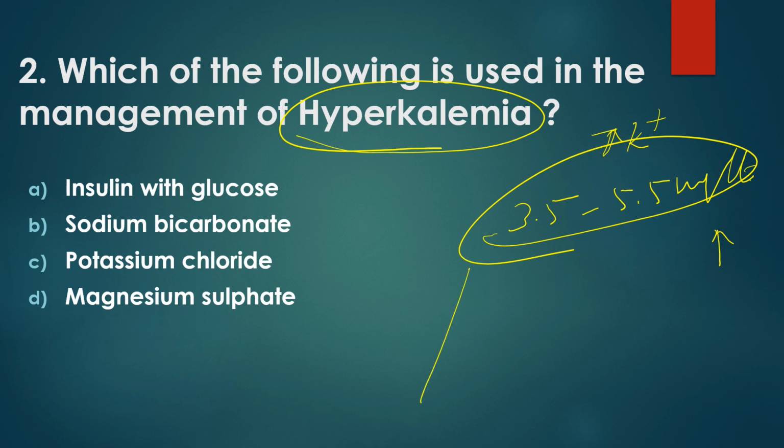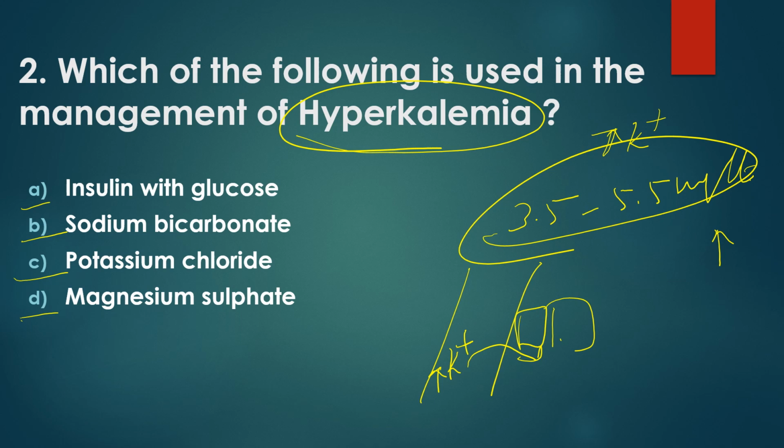So what happens actually? In the intravascular cavity, potassium level will be increased. So to reduce that, they give some treatment, an intervention, which will shift the potassium level to the interstitial space. So what is that? Is it insulin with glucose, or sodium bicarbonate, potassium chloride, or magnesium sulfate?